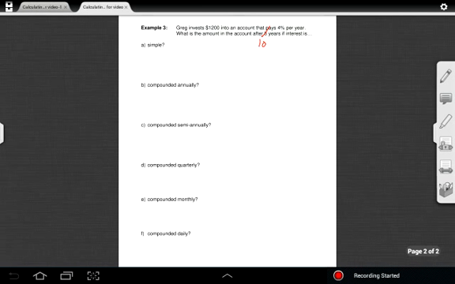So let's use the same kind of process for compounding daily. My interest rate is going to be 0.04 divided by 365. I'm not going to calculate that because it's going to be messy. My number of compounding periods, N, is going to be 365 times in every one of those 10 years. So that's 3,650.